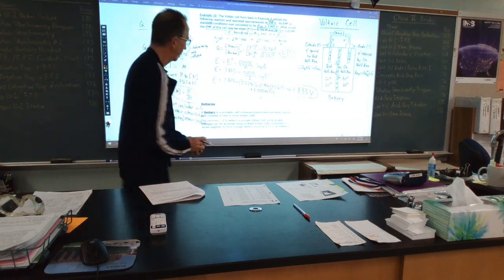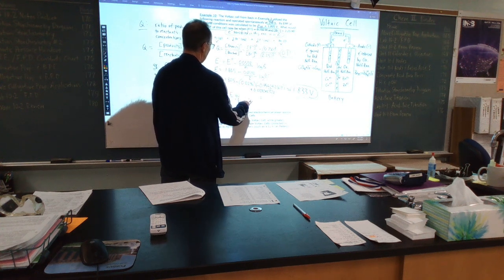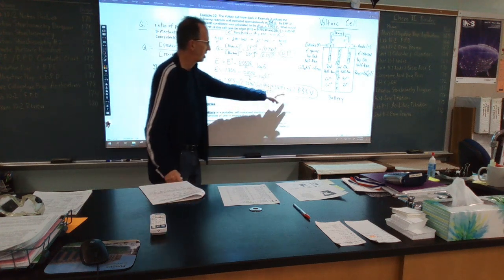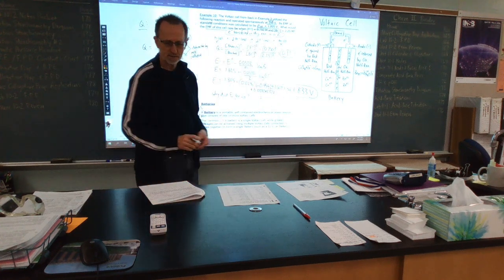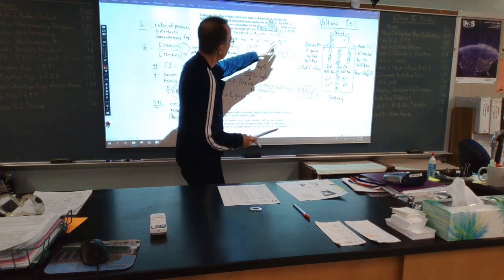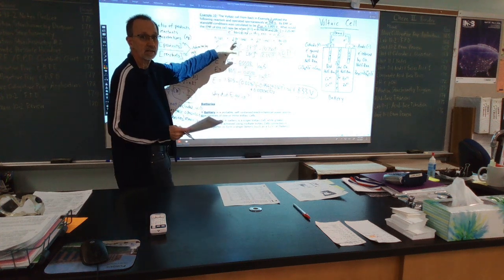So the question is, why did E go up? This is E at standard conditions. This is E at the conditions we've been given here. Well, let's take a look at that. Br minus is a reactant, all right?